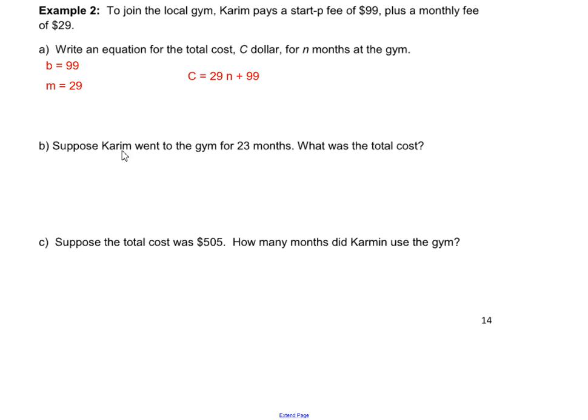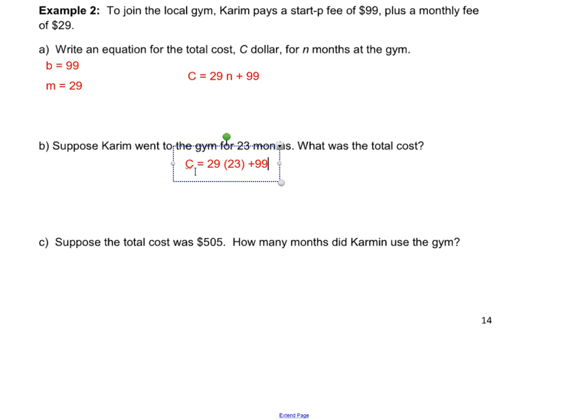Now suppose she went to the gym for 23 months. What is her total cost? What we're going to do is take our equation and say C is equal to 29, and we know she is gone for 23 months, so we take 23 in for our value of N, plus 99.